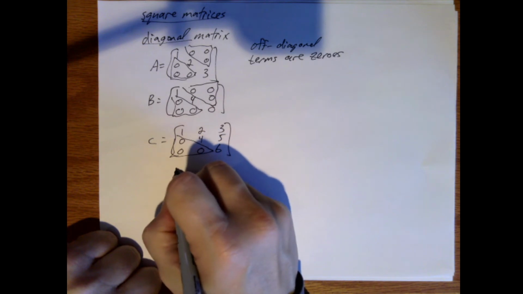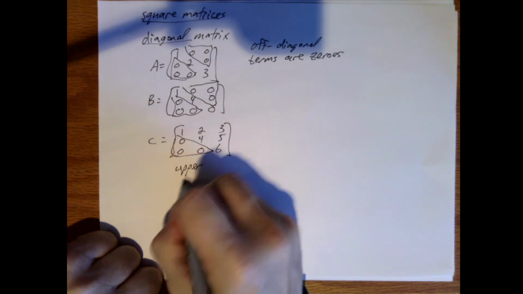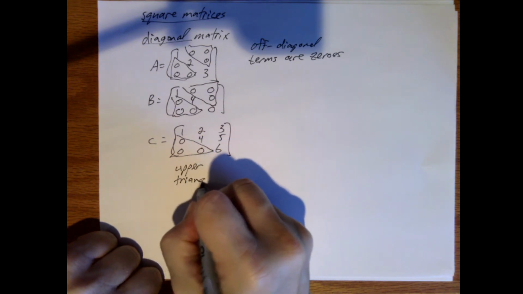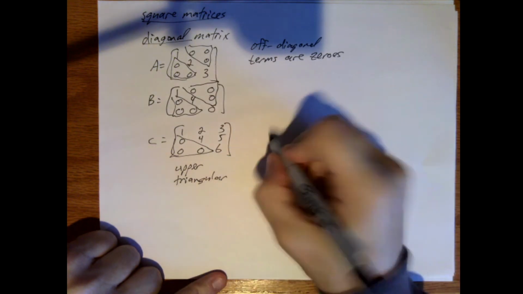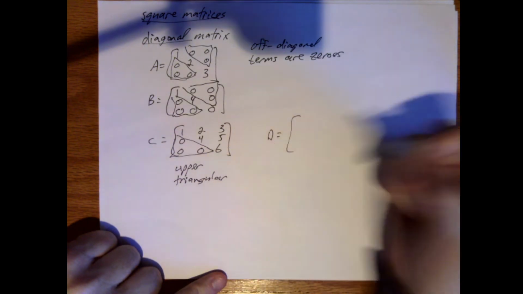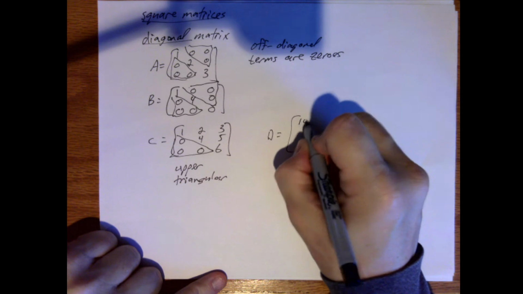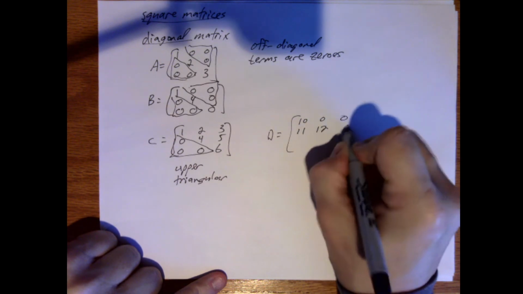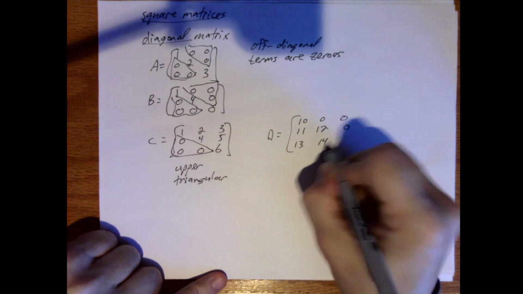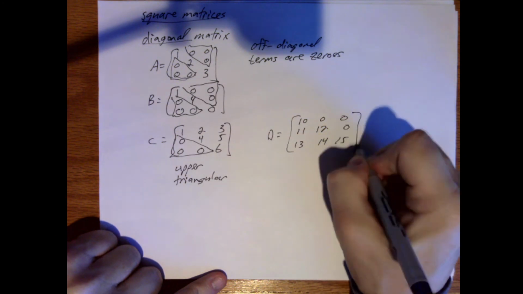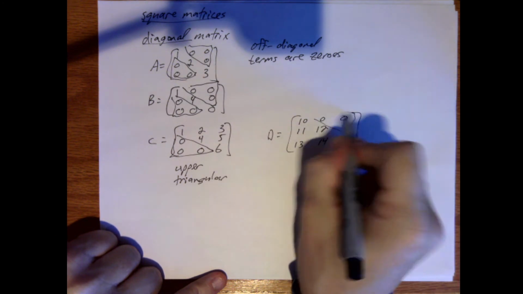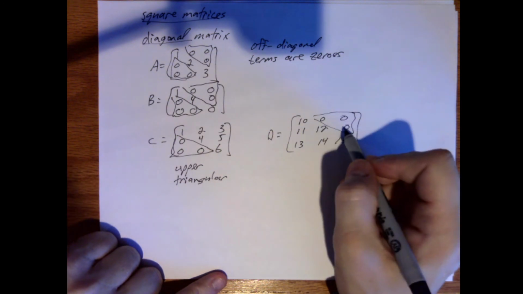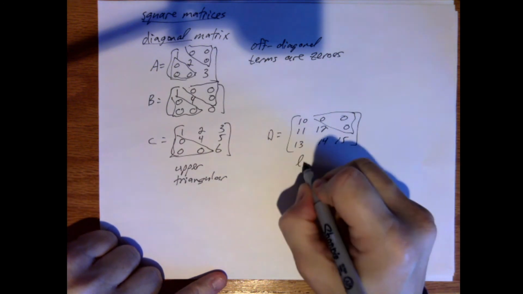So this is upper triangular. Now we have this: 10, 0, 0, 11, 12, 0, 13, 14, 15. Notice here the elements above the main diagonal are zeros, so this is lower triangular.